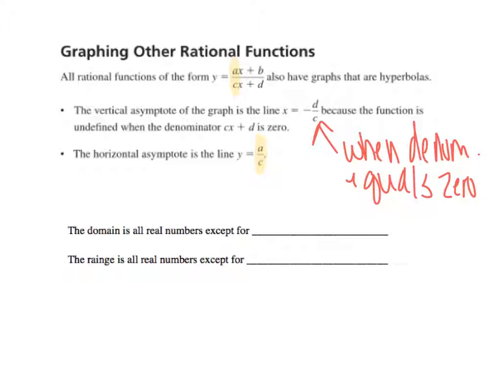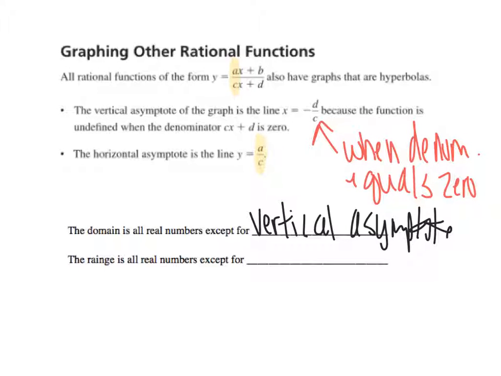The domain is going to be all real numbers except for whatever value you got for your vertical asymptote. And the range is going to be all real numbers except for your horizontal asymptote.